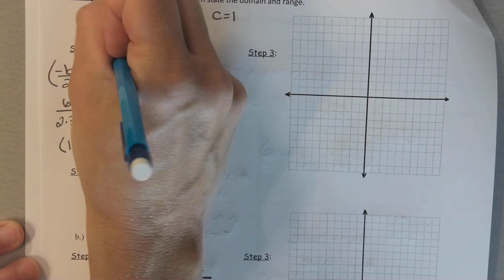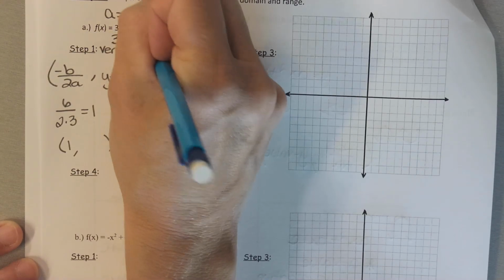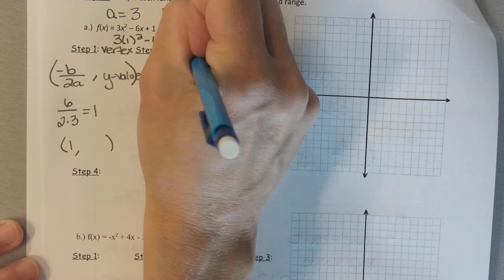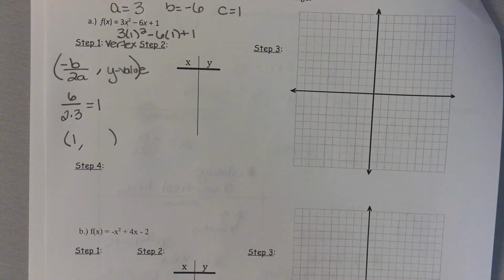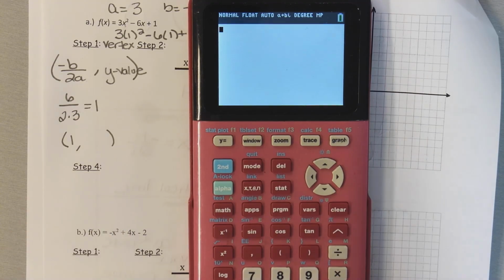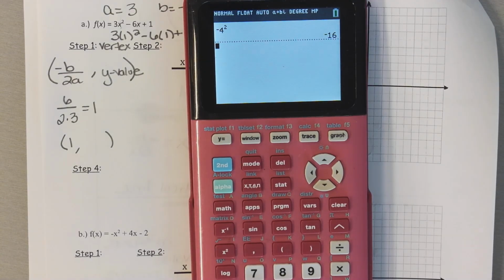Whenever you plug in, you want to plug in a parenthesis house, because if you don't, you're going to get the wrong answer. I'll show you why. Let's pretend for a minute that our vertex had been at -4. I know it wasn't, but let's just pretend together. If I square -4 without parentheses, it spits out -16.